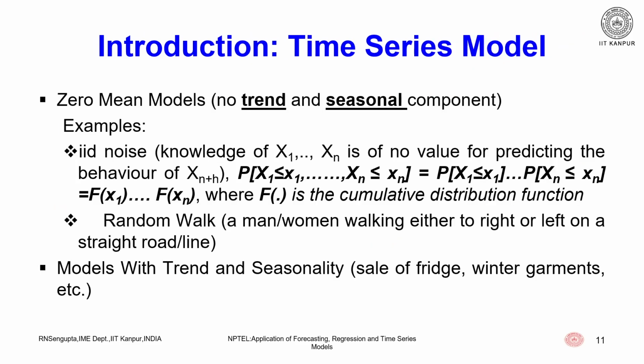Now, as I have been mentioning, when we have the zero mean models for time series, it means there is no trend. That means the trend, or the rate of change of the value with respect to time, is 0, and the concept of seasonal component would also not be considered.